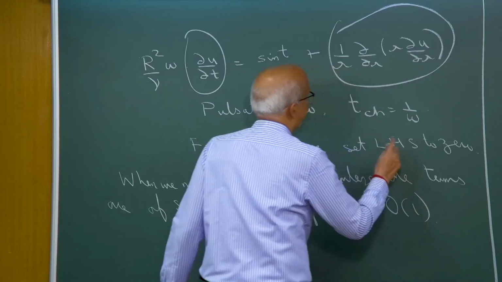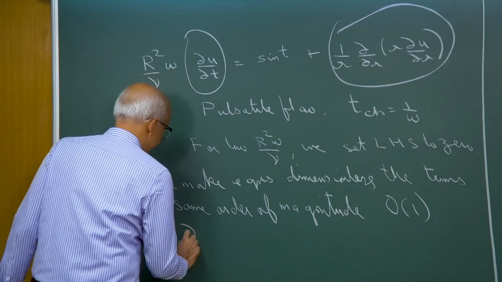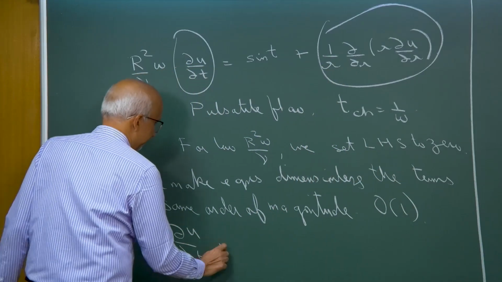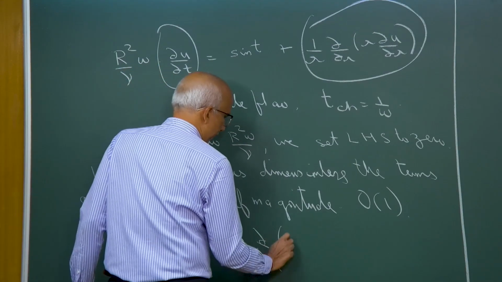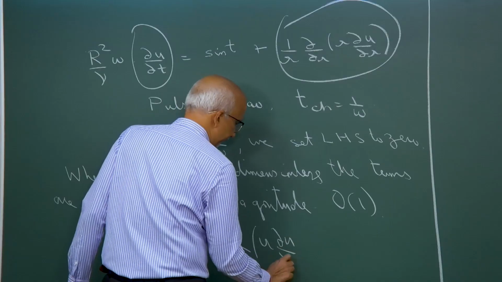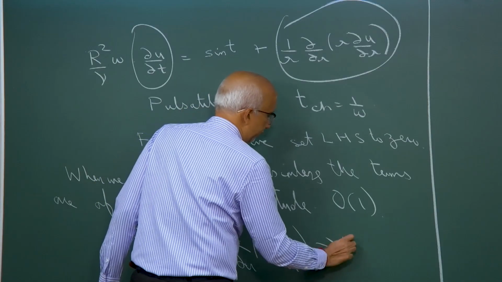I am talking about du by dt in this case. In the dimensionless case, 1 by r d by dr of r du by dr, these are all of order 1.